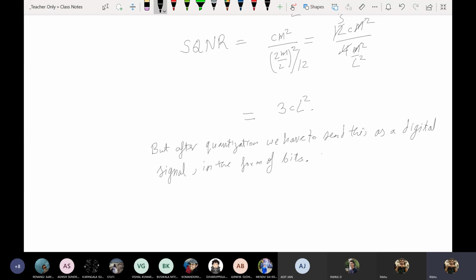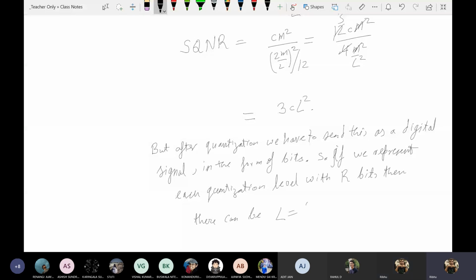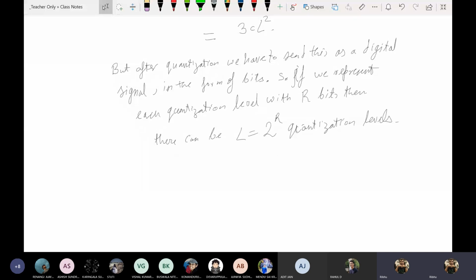So if we represent each quantization level with R bits, then there can be L equal to 2 to the power R quantization levels.